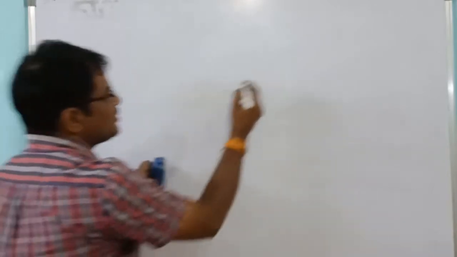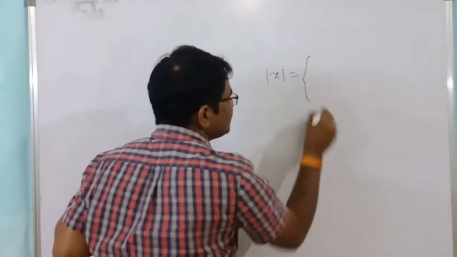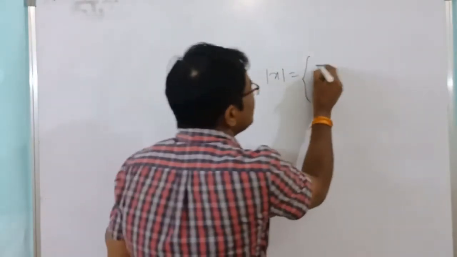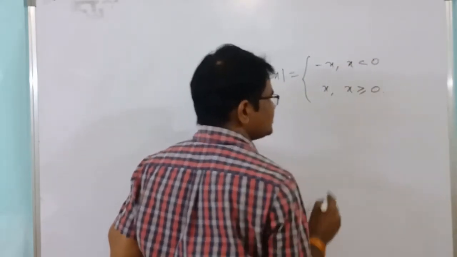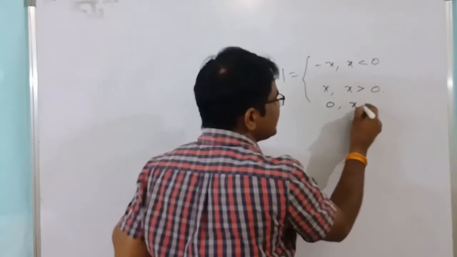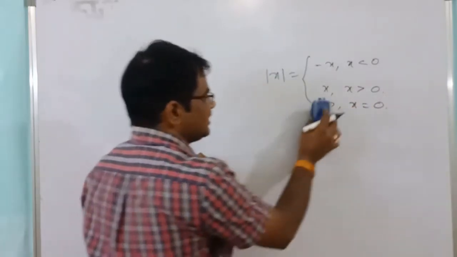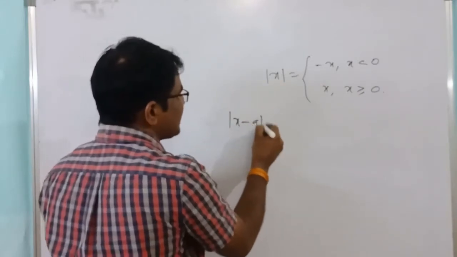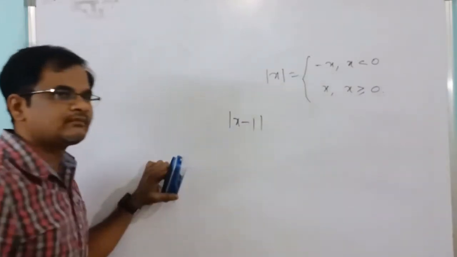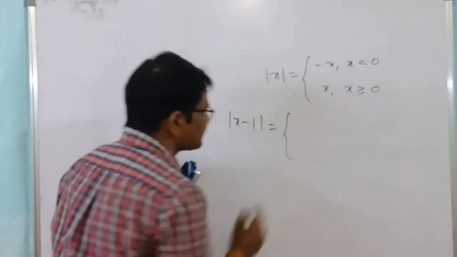Next one is, suppose already we taken modulus x means what? Minus x whenever x less than 0, plus x whenever x greater than or equal to 0. Or greater than 0 means here x equal to 0. Like this also you can take. Right. Now what about this one? Modulus of x minus 1 is there. So how to write it? Same.